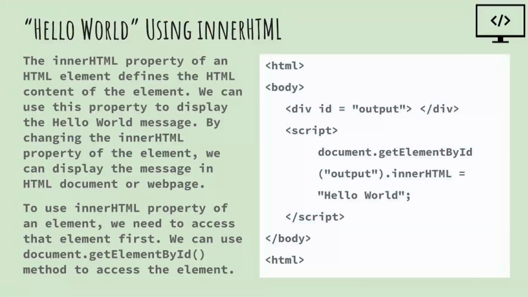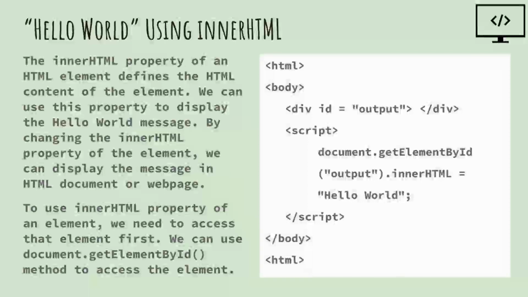To use the innerHTML property of an element, we need to access the element first. We can use the document.getElementById method for accessing the element. The syntax is written on the right side of the screen.